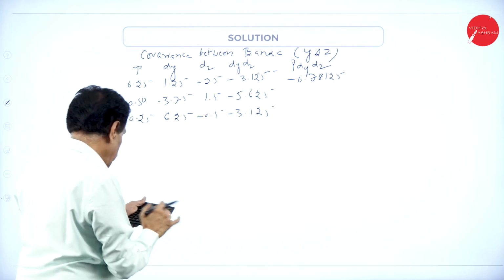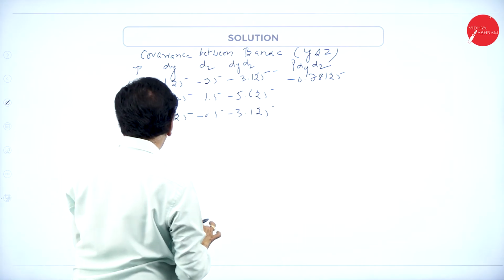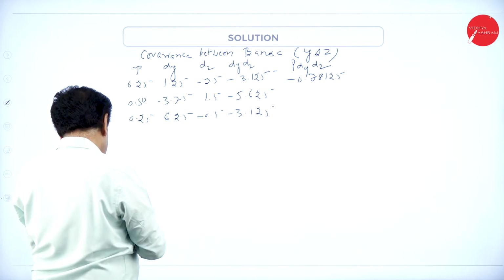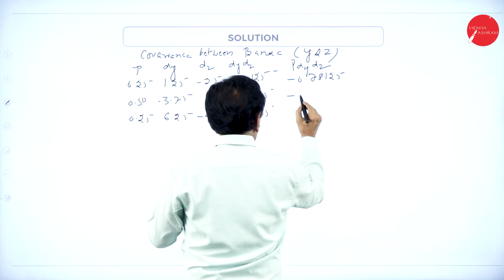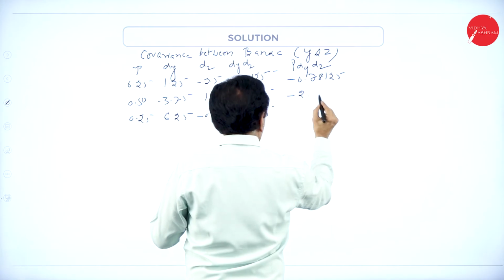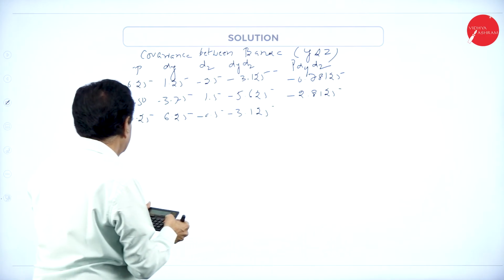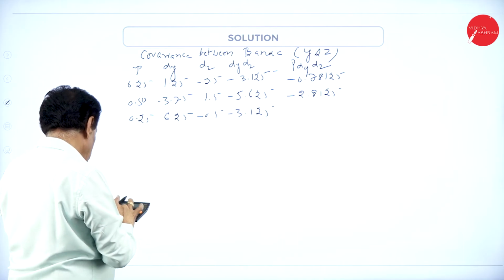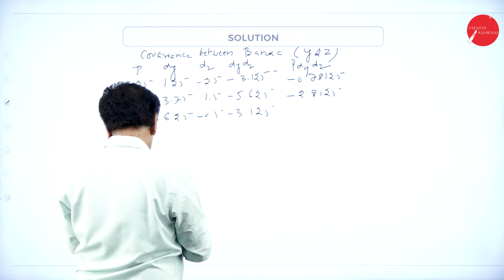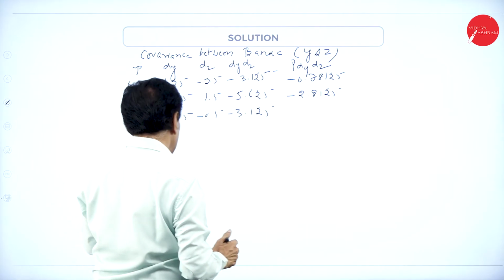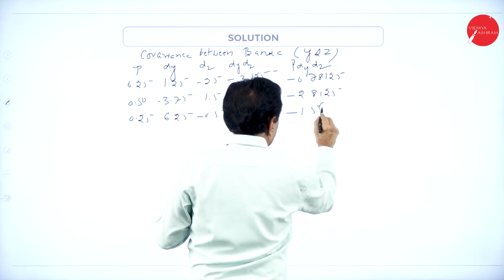Then 5.625 into 0.50 is minus 2.8125. 3.125 into 0.50 is minus 1.5625.